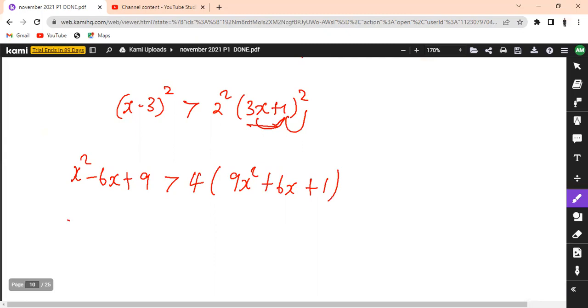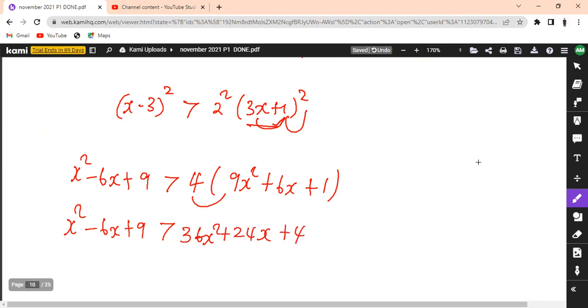Okay, so we can expand the brackets further so that we can collect like terms. So it's 4 times 9, which is 36x squared, 4 times 6, which is 24x, then 4 times 1, which is 4.